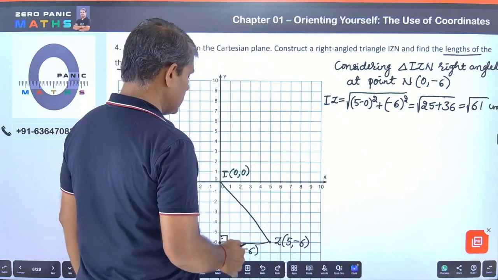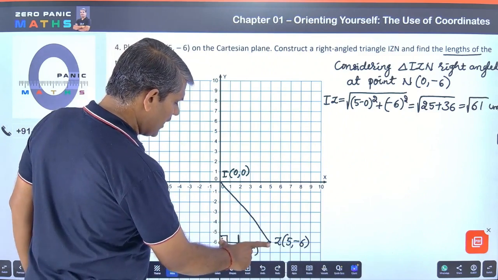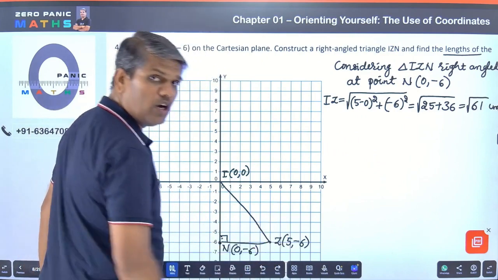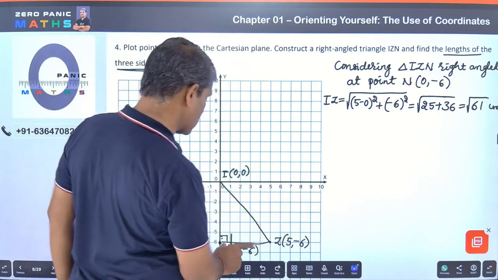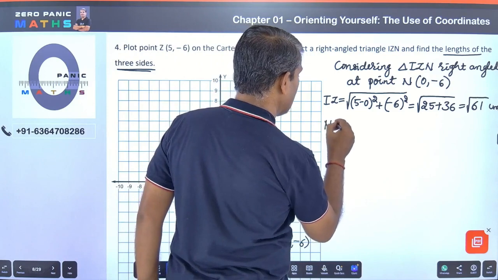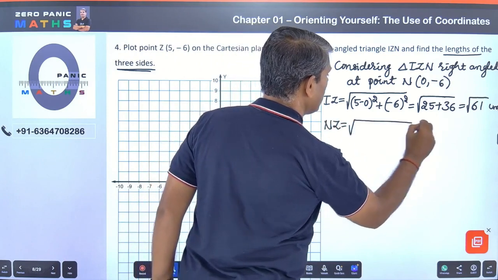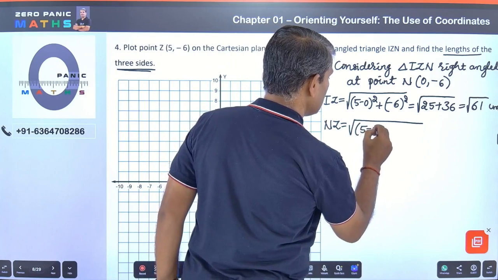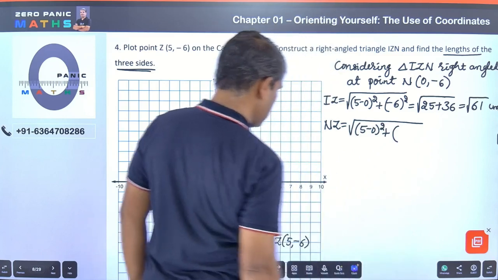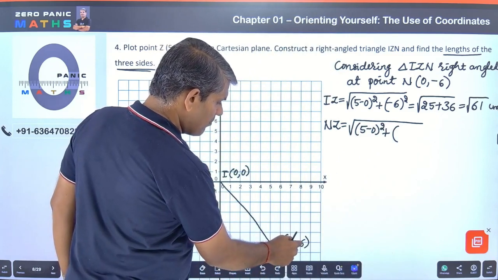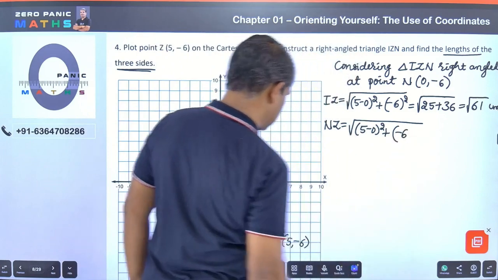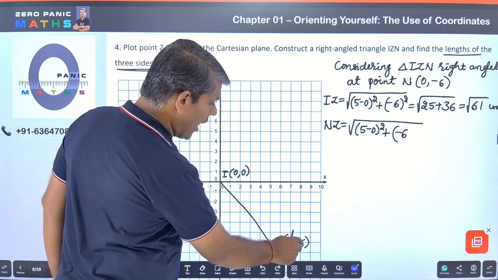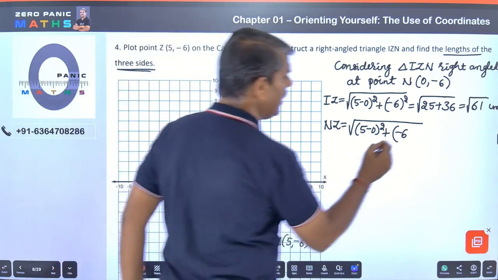Now similar to that we have to find the length NZ, where x1, y1 are 0, -6 and x2, y2 are 5, -6. NZ is equal to the square root of (5 minus 0) whole square plus (y2 minus y1), where y2 is -6 and y1 is also -6, but we are subtracting it, so it becomes -6 minus of -6, which is +6.